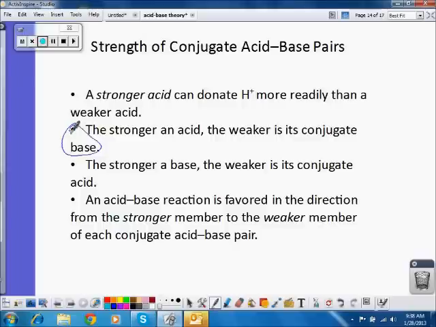So when we're looking at which direction will something go, we look at which acid is stronger and which base is stronger. And so since a stronger acid is more likely to donate an H+, and the stronger base is more likely to accept an H+, when we look at a reaction, we go from strong to weak.